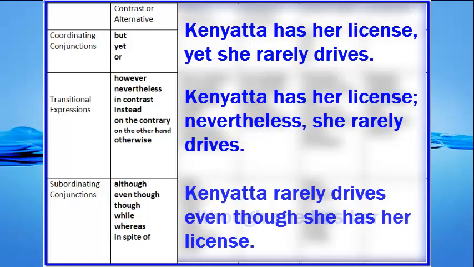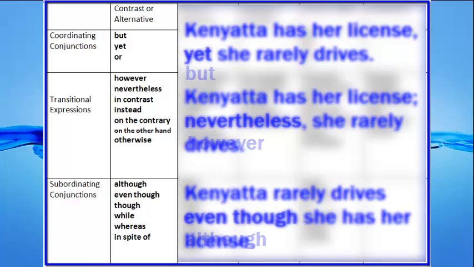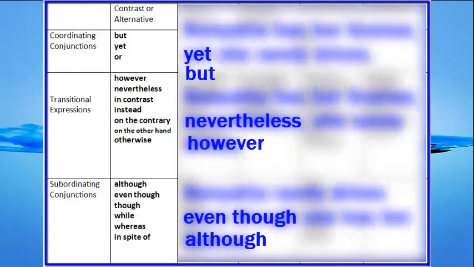The subordinating conjunction although can be replaced by the subordinating conjunction even though, and the sentence will mean the same thing. Remember that the coordinating conjunctions yet and but, the transitional expressions nevertheless and however, and the subordinating conjunctions even though and although have the same purposes, although they are used in different types of sentences.